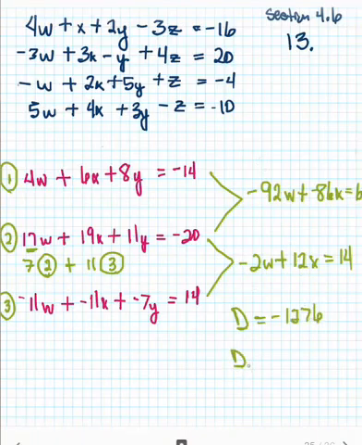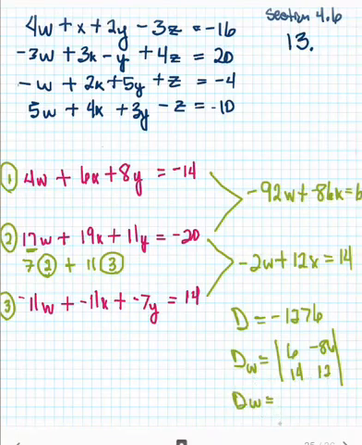Now, the determinant with respect to w is going to equal, remember I put the 6 and the 14 in the place of the coefficients of the w, right? And I leave the negative 86 and the 12 alone. All right, and I think I've done that. When I do that, I'm going to get the determinant with respect to w equal to 1,276, which is cool.